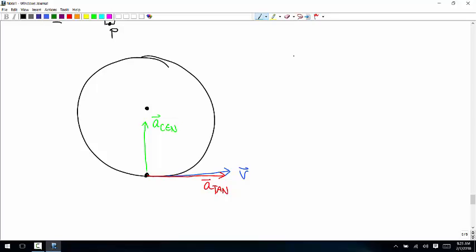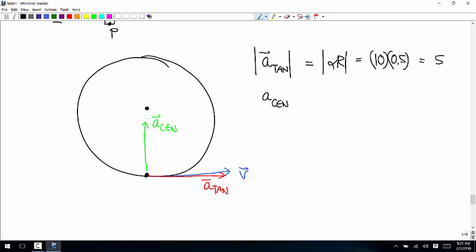We know that the magnitude of tangential acceleration is alpha r. So that is 20 times 0.5, and the magnitude of the centripetal acceleration is omega squared r.